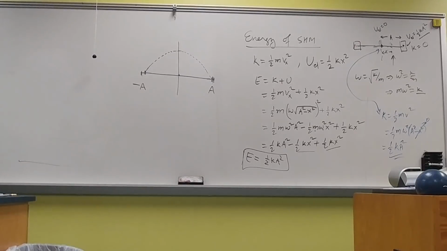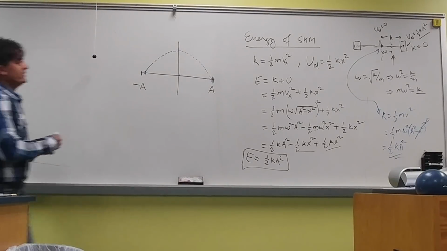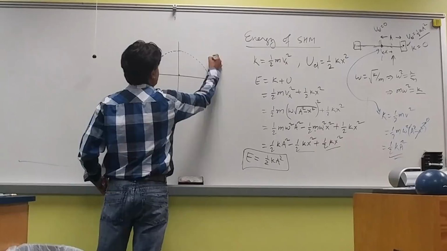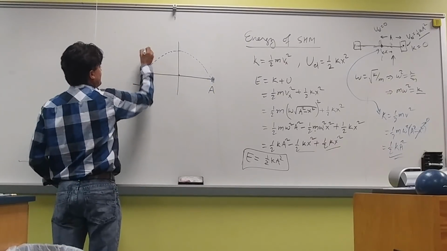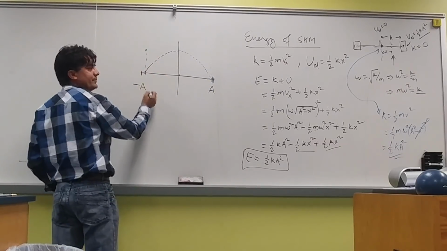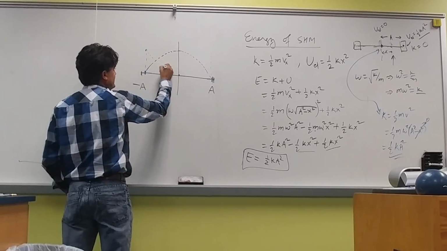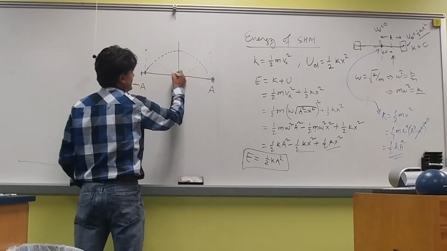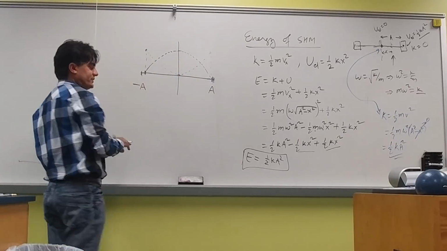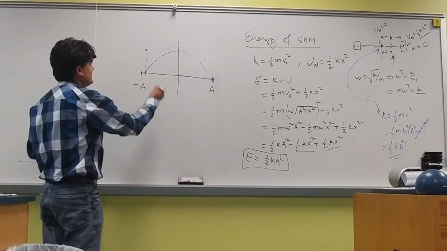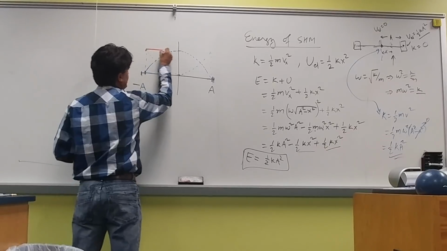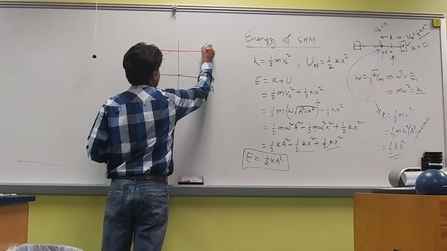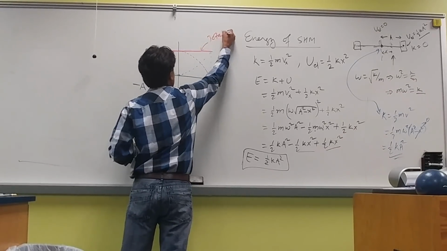You can draw it in green. So at the extreme point, your potential energy will be maximum, but it will be 0 at the center, and then it will be maximum again, a parabola. So the total energy is constant. This red is the total energy.